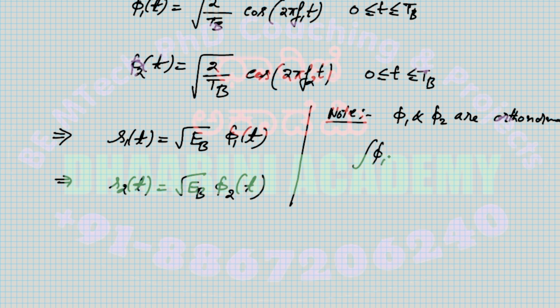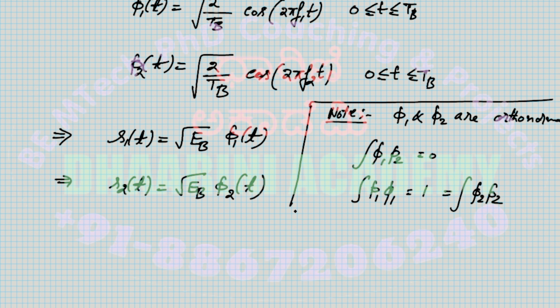If you integrate the product of phi 1 and phi 2, that gives you the answer 0. Okay. And if you integrate phi 1 into phi 1, that gives 1. That's also equal to the integral of phi 2 into phi 2. So phi i into phi j is 0, but phi i squared or phi j squared is equal to 1. Any functions phi 1, phi 2 which satisfy this condition will be regarded as orthonormal functions. Okay, orthonormal. The term ortho indicates that they are perpendicular to each other. That's why I told you we are going to draw phi 1 and phi 2 at 90 degrees to each other.